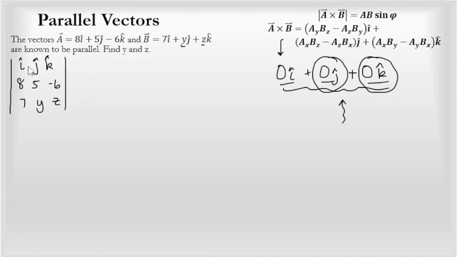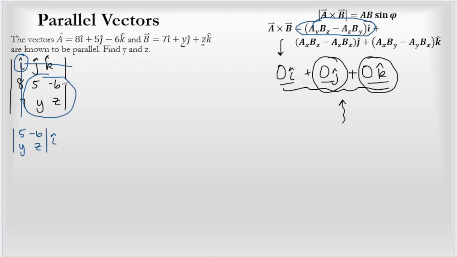Just to clarify, if I'm trying to find the i hat component, I'm going to cross off that row and this column, and I'm left finding the determinant of that 2 by 2 matrix: 5, negative 6, Y, Z, in the i hat direction.